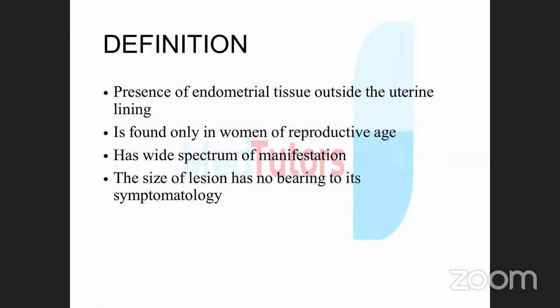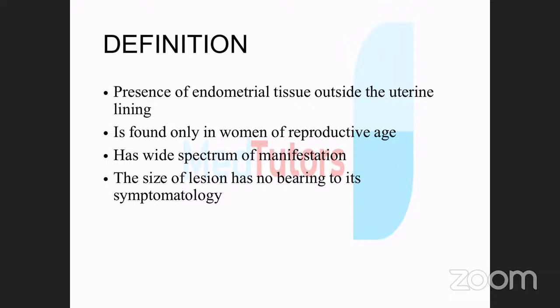Even if the endometrial tissue is found within the uterus, but it is outside or beyond the endometrial inner lining of the uterus, it is a form of endometriosis. And therefore, if they say you should mention sites of endometriosis, adenomyosis is also a form of endometriosis because the endometrial tissue is found within the uterine muscle.